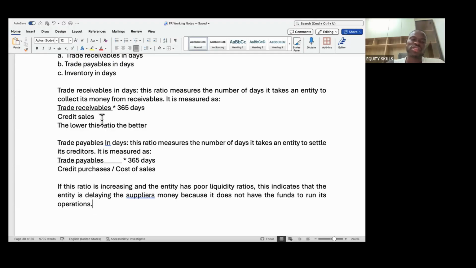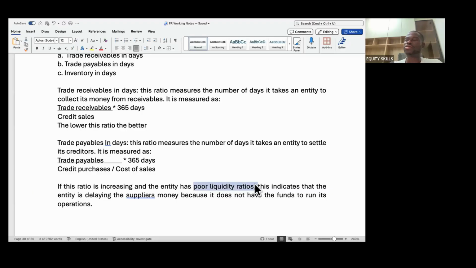So if we see that this ratio is increasing, what we usually look at before we make judgment, because it could be that the supplier is giving you an extended period, maybe because you are doing well. So we will usually compare and go and look at the entity liquidity ratio. If the entity has poor liquidity ratio, which means that the entity is suffering from cash flows, it doesn't have money.